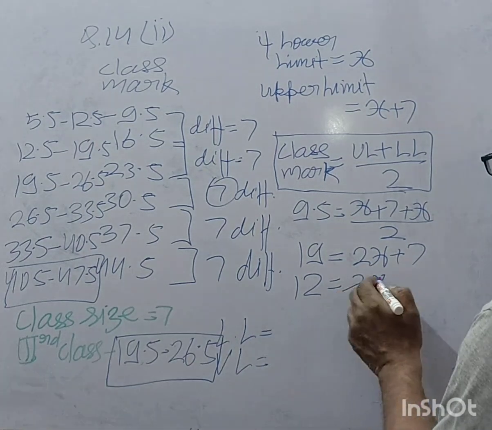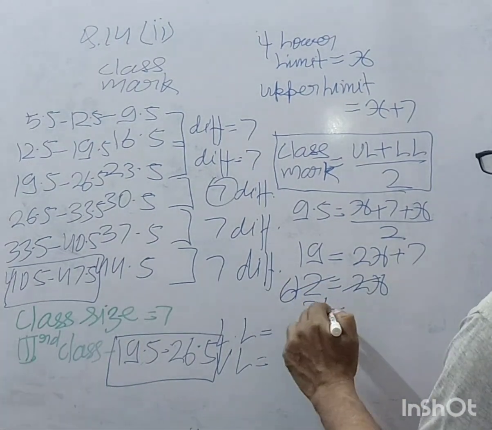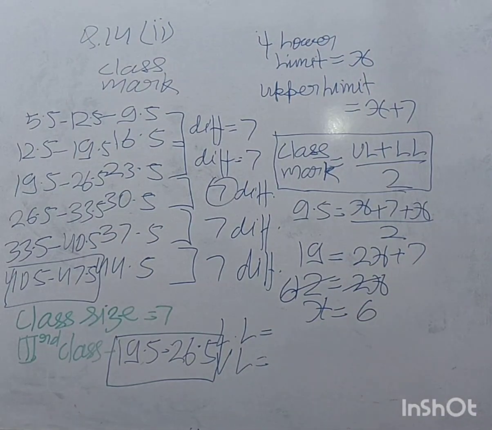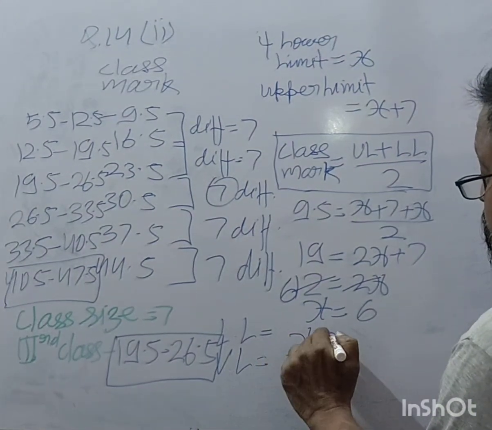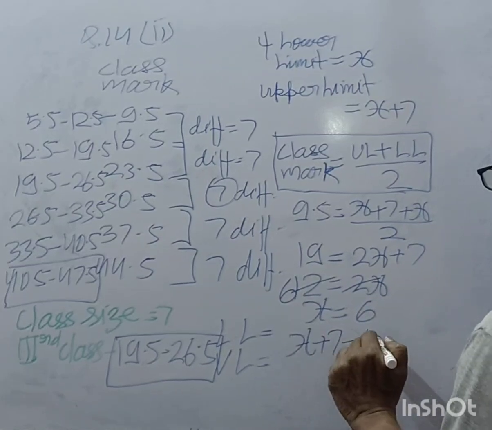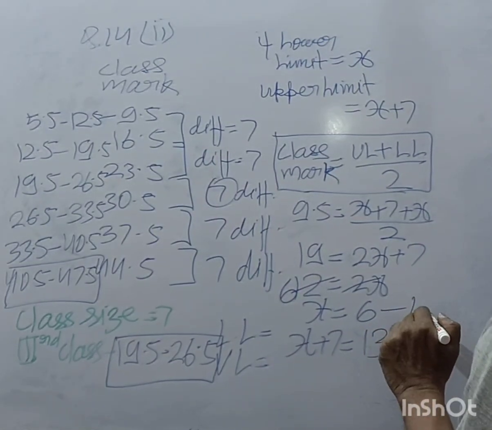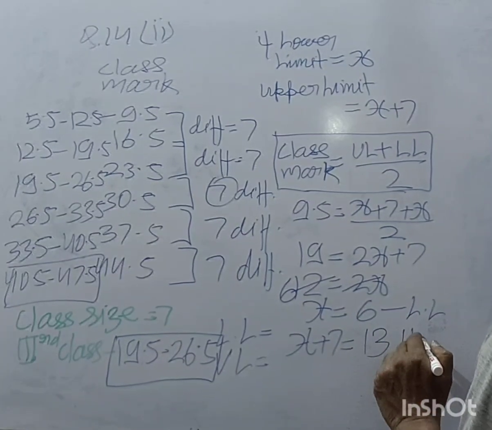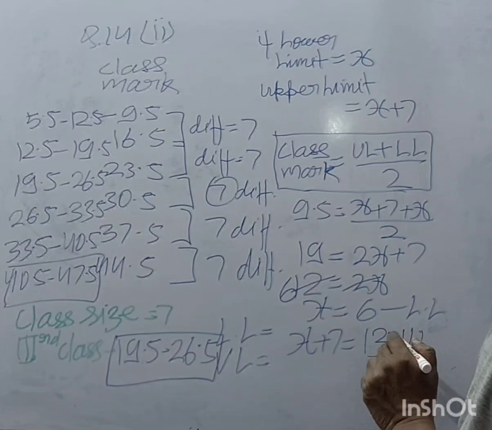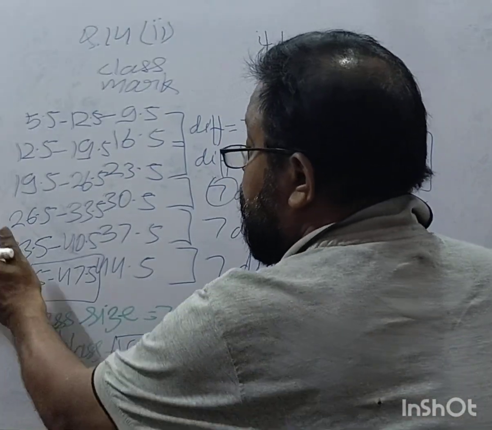So x is equal to 6. So x plus 7 is equal to 13. So the lower limit is 6 and the upper limit is 13.